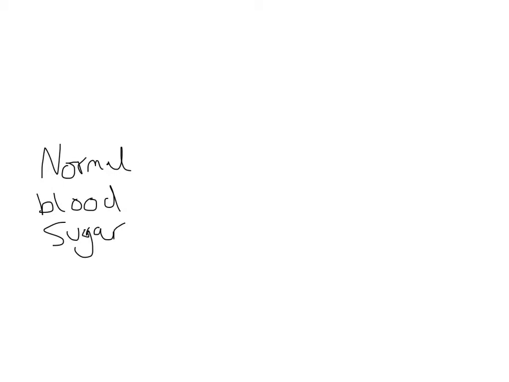So let's imagine we have just a normal concentration of blood sugar. We're going to draw this as sort of like a feedback loop. So we've got normal blood sugar concentration over here.